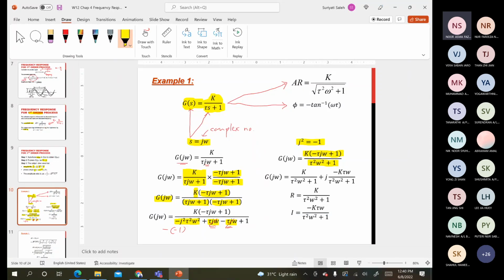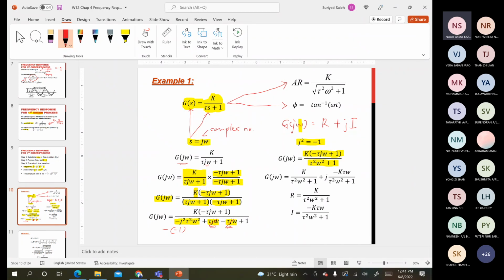For this part, according to the equation G(jw) equal to R plus jI, we try to rearrange the equation.